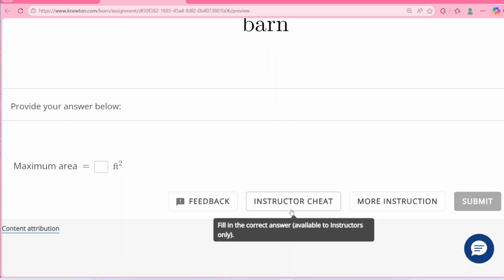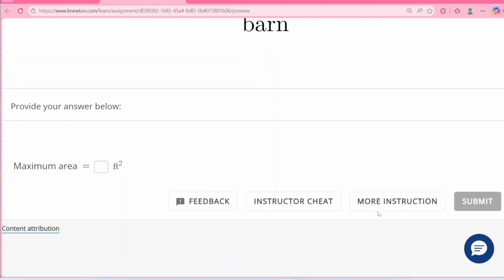You, of course, will not see the instructor cheat option. It's for instructors only to fill in correct answers. I'll try to avoid using this because you won't have it. But you should be able to find a more instruction option.